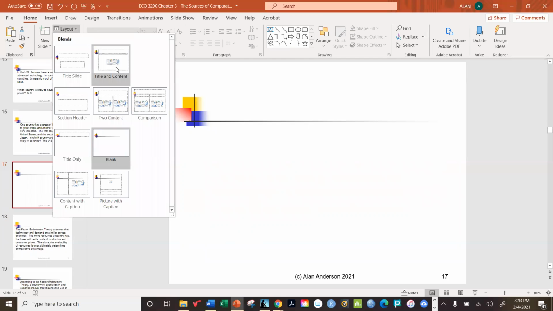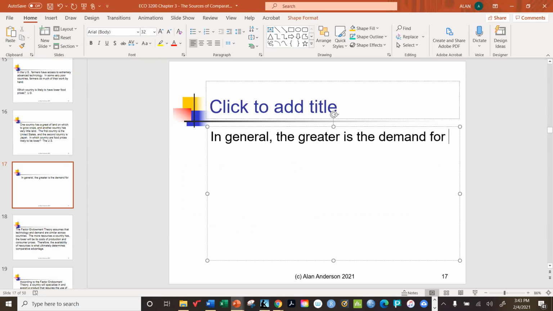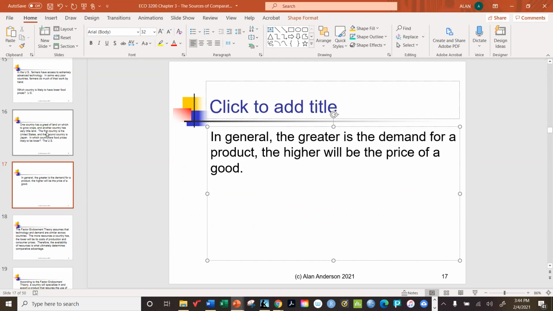Every country is very different. So, in general, the greater the demand for a product, as you already know from having taken micro or macro, the higher will be the price of the good. Okay, it's just that simple.